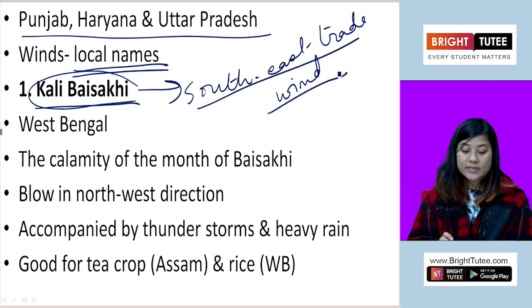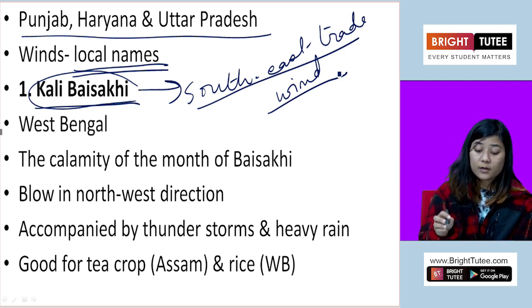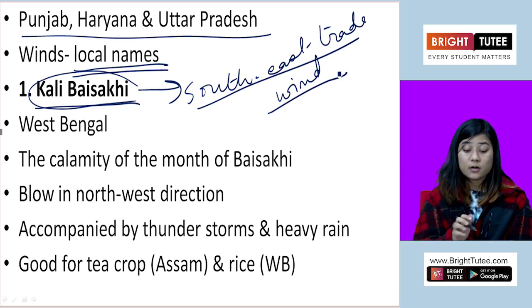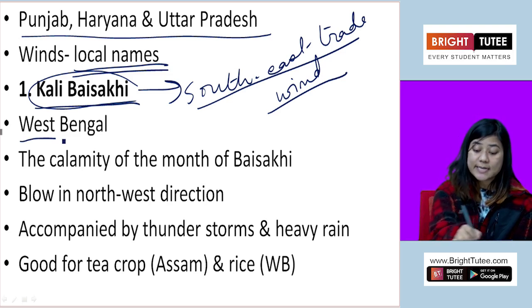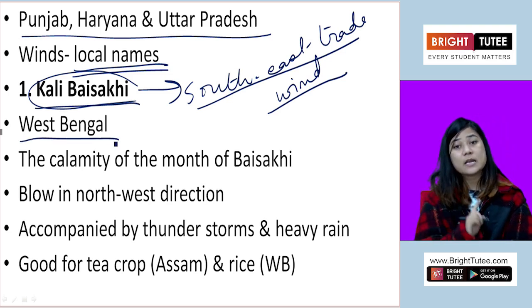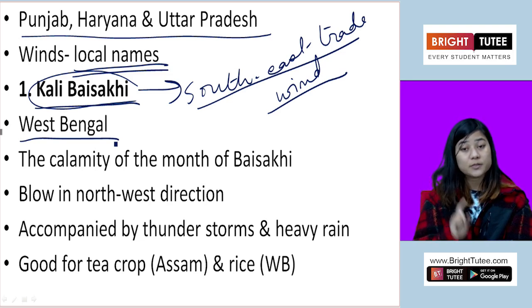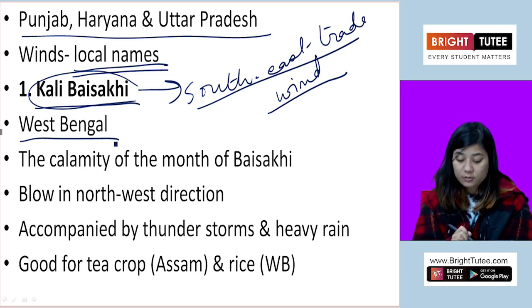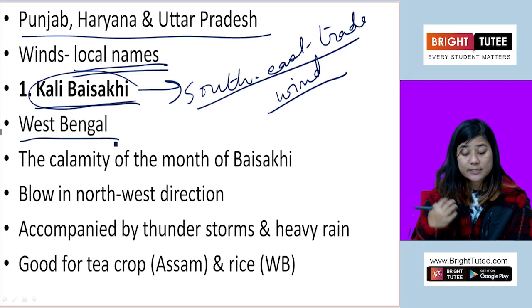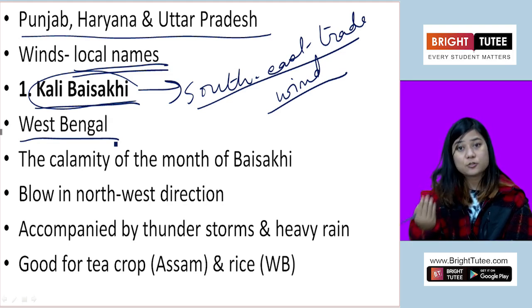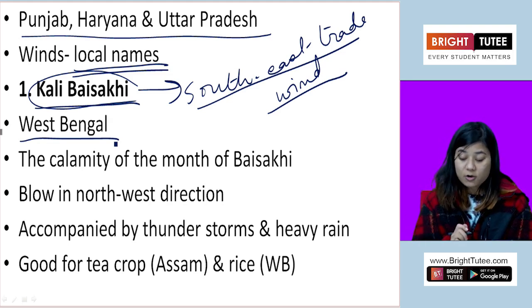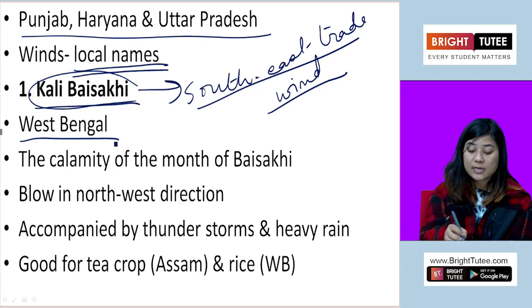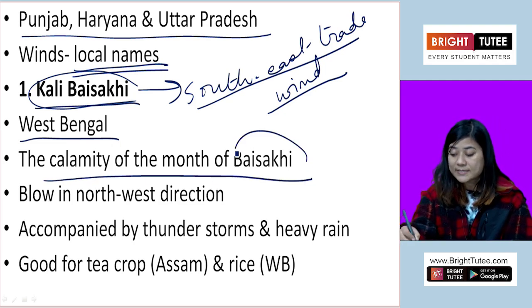So this wind is called Kali Baisakhi in the state of West Bengal, not in other parts of the country. Okay, and it is called so because it refers to the calamity of the month of Baisakhi.